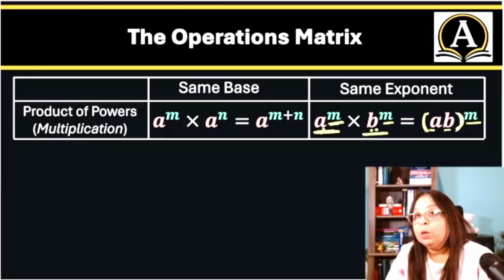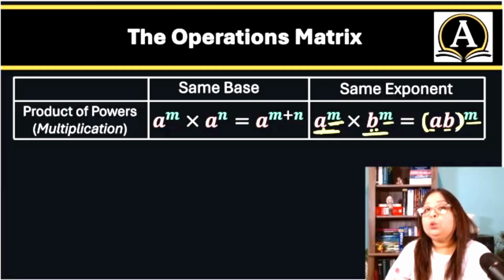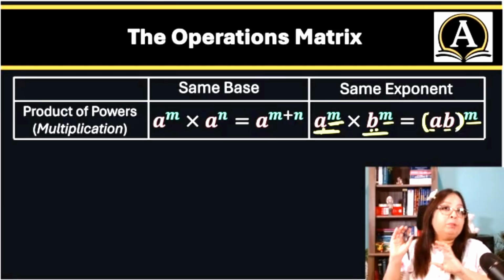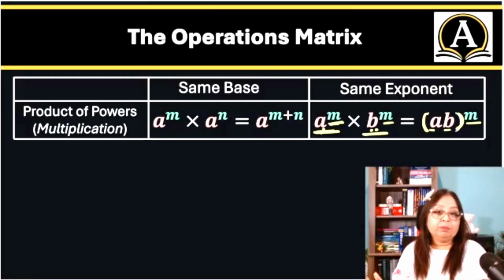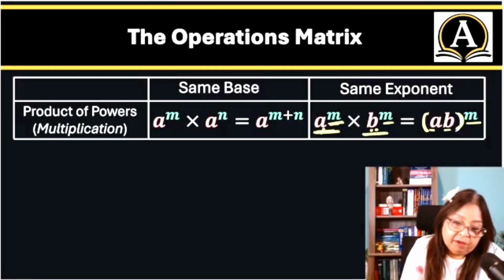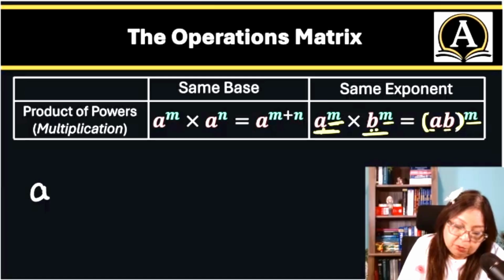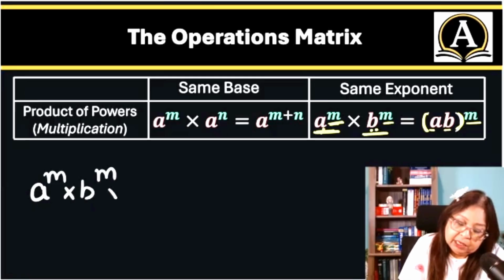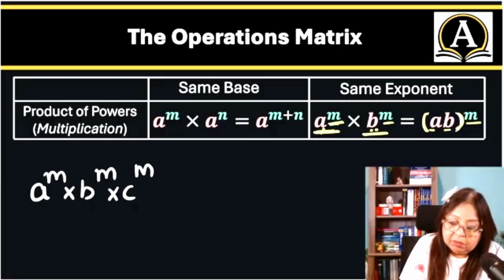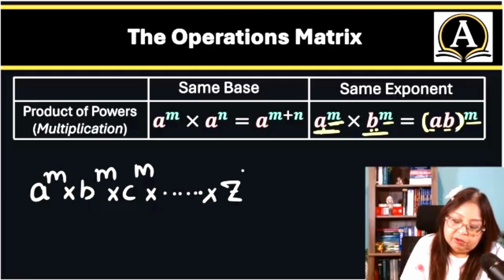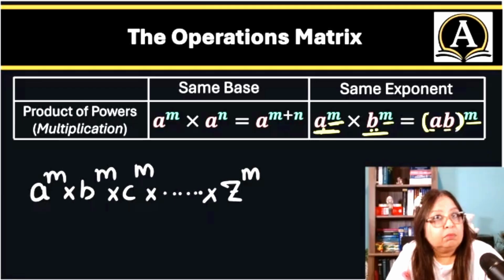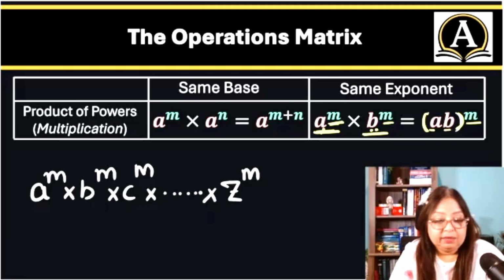Now what if you have more than two power expressions multiplying each other where the exponents are the same? Meaning, what if you have a to the power m times b to the power m times c to the power m, and why stop? Keep going till you hit times z to the power m. How can you simplify it?